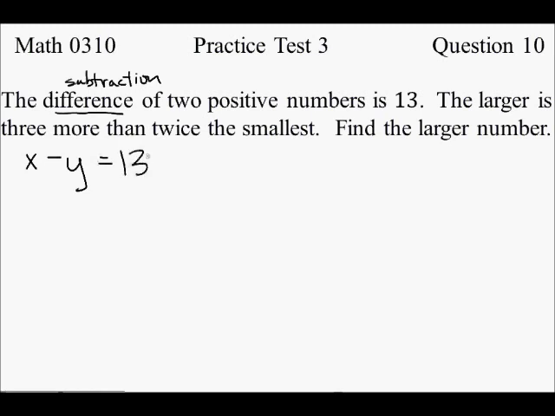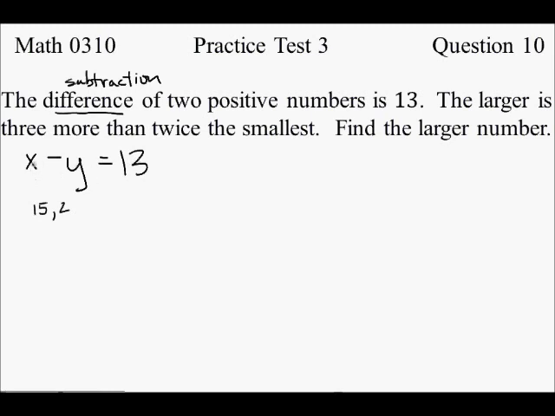Now they start referring to the larger number and the smaller number. With subtraction, we want to understand that if I'm subtracting two positive numbers to get a positive 13, one of these numbers has to be larger. Let's say our numbers were 15 and 2, which they probably aren't, but just say they were. 15 minus 2 would give us 13, but 2 minus 15 would give us a negative 13.